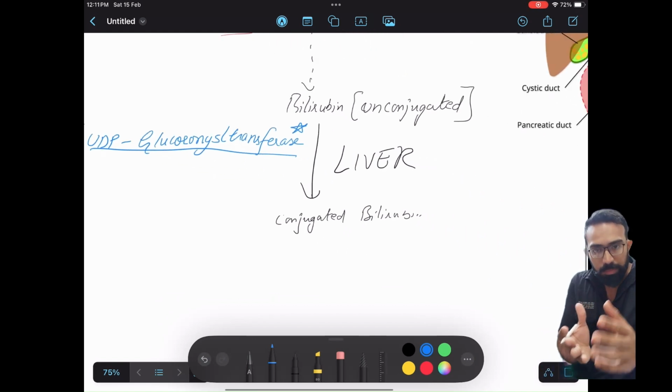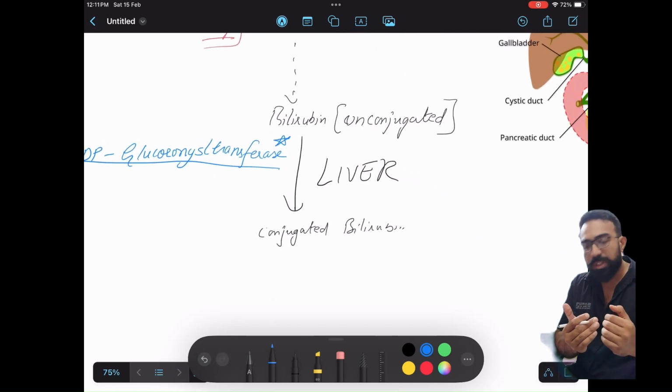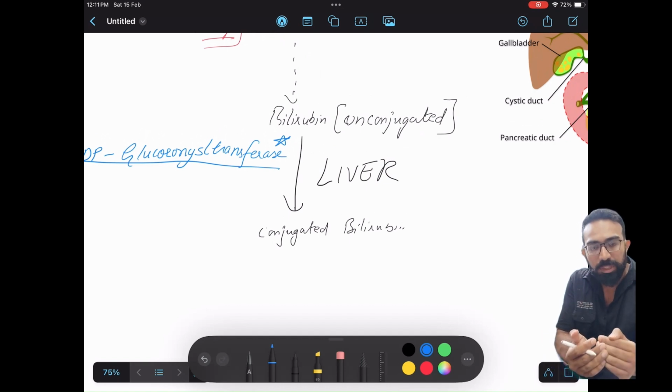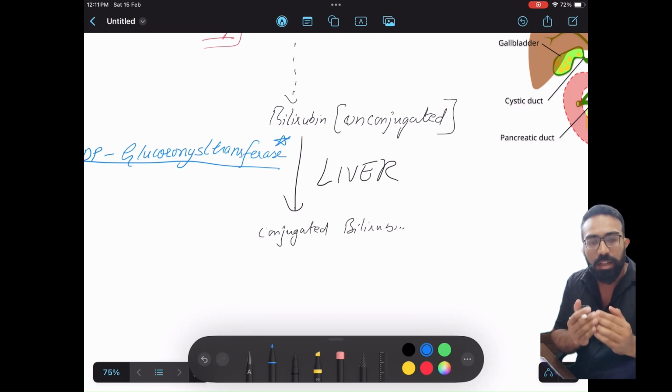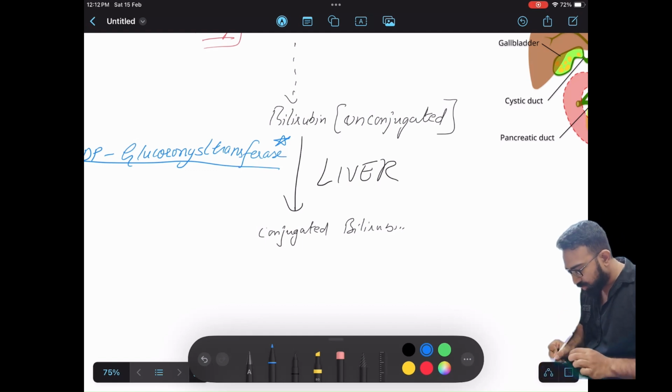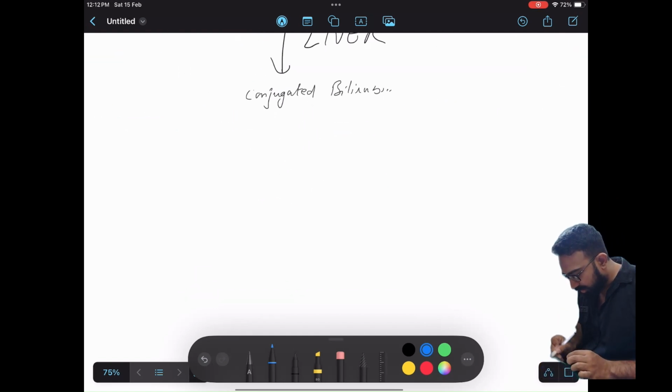Now coming back to our bilirubin metabolism. Bilirubin is made from unconjugated to conjugated. This conjugated bilirubin is excreted in the bile. When it is excreted in the bile, it goes into the duodenum, basically the small intestine and the large intestine.